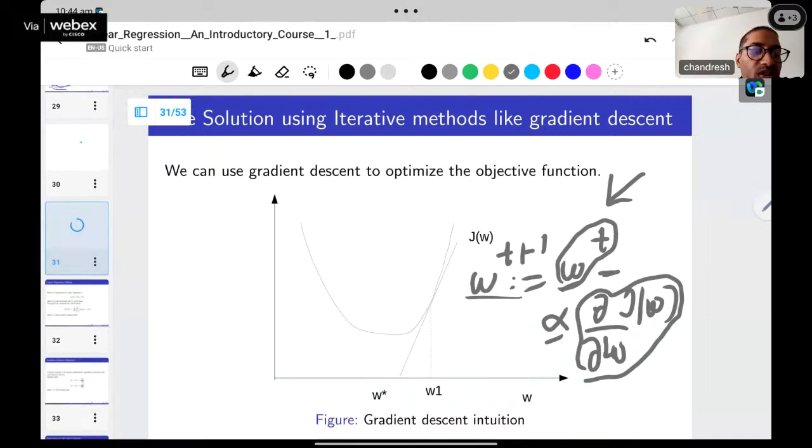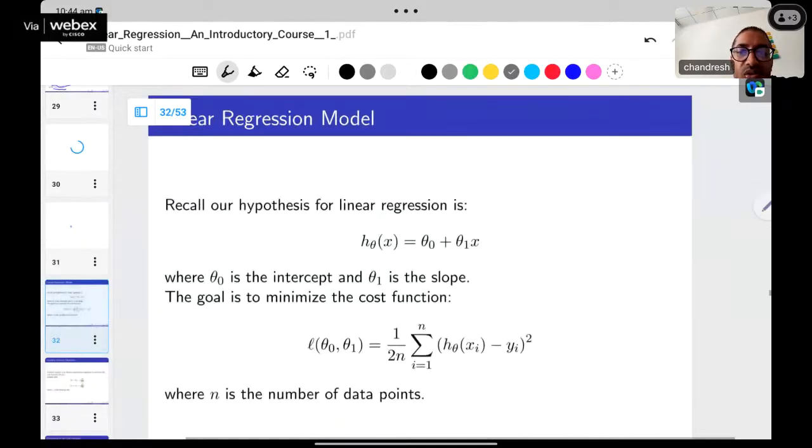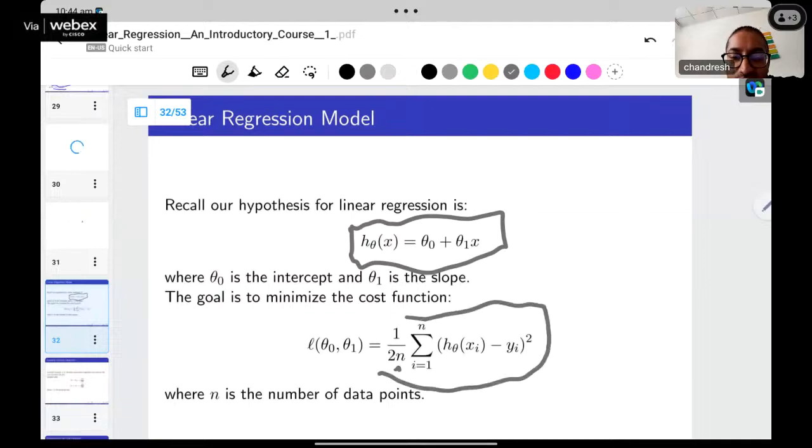Okay. So let us take a concrete example, as I said, linear regression and run the gradient descent algorithm. So our hypothesis for linear regression is this. All of you must be knowing this one. Yes. Theta 0 plus theta 1 x. Given this hypothesis function, a prediction rule for linear regression, our mean squared loss function, cost function is this one. Fine.